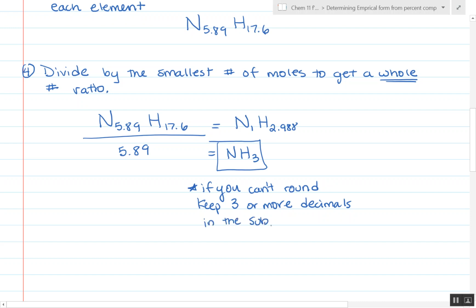That's if you can. Again, we want to avoid rounding errors. Okay? So because we're not always going to get these really close numbers to the whole number, we need to have some rounding rules.